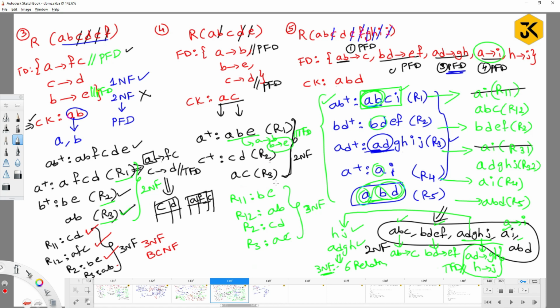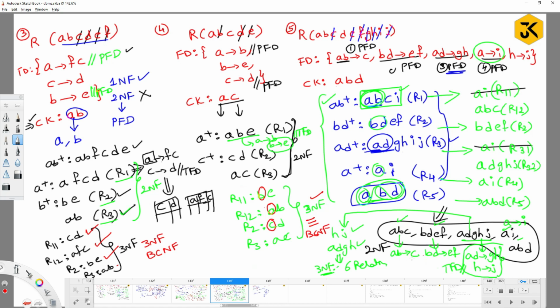What about this one? Same, it is also in 3NF according to the technical definition, and it will also be in BCNF. Why BCNF? The left side is always a key: B determines C, A determines B, C determines D. As all are keys, it is definitely BCNF.